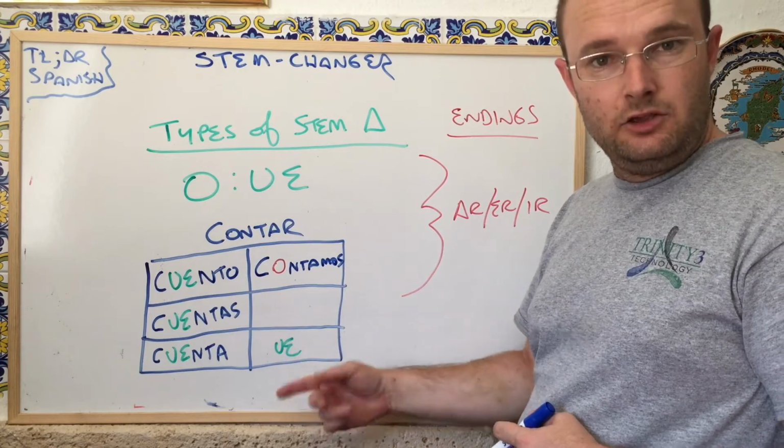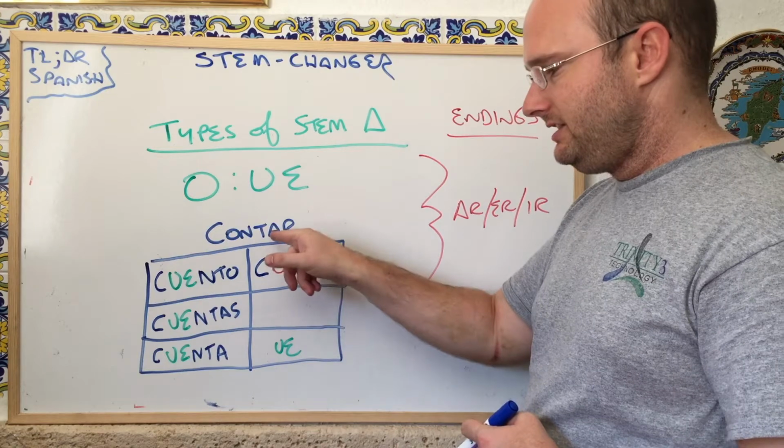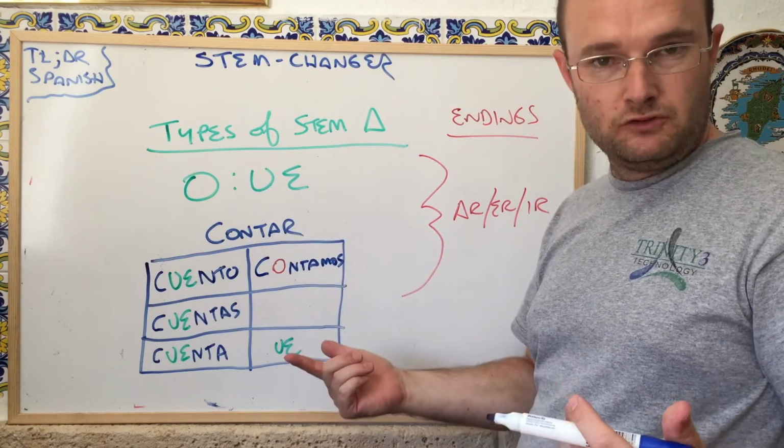And the ustedes, ellos, ellas form would be C, UE, N, T, and that ellos form would be AN.